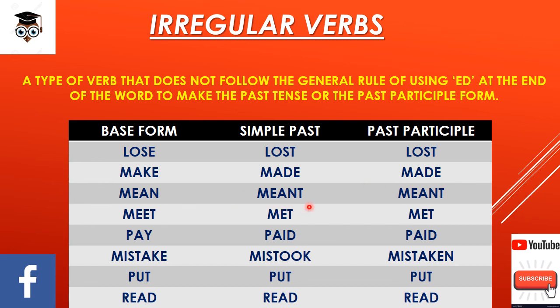Mean, meant, meant. Meet, met, met. Pay, paid, paid. Mistake, mistook, mistaken. Put, put, put. Now this will never change. Read, read, read. The spelling of this word is the same, but the pronunciation is different.